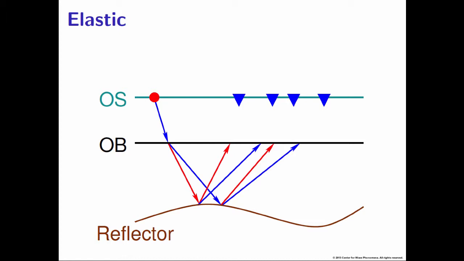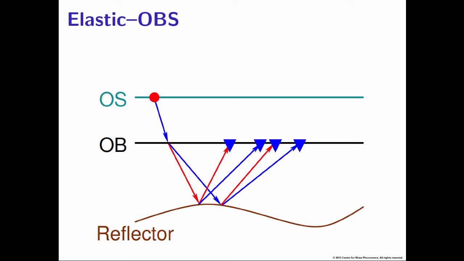This makes the wave field much more complicated than the acoustic case. When they travel back into the water layer, all of them will convert into P waves. So although the data we get at the receivers are only pure P waves, some of them are converted from S waves at the ocean bottom.